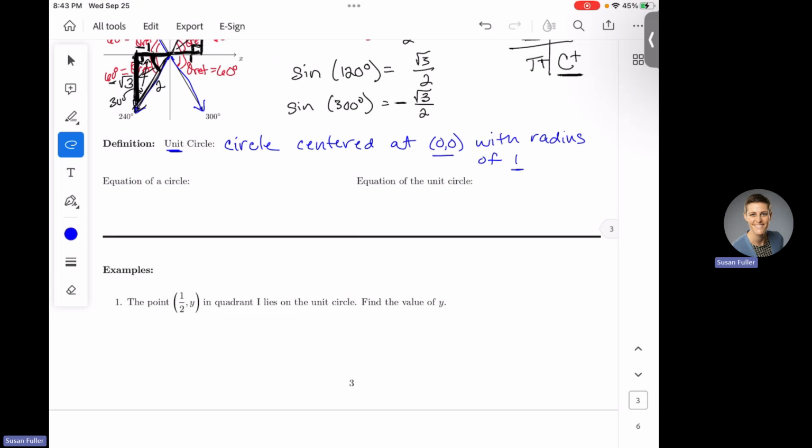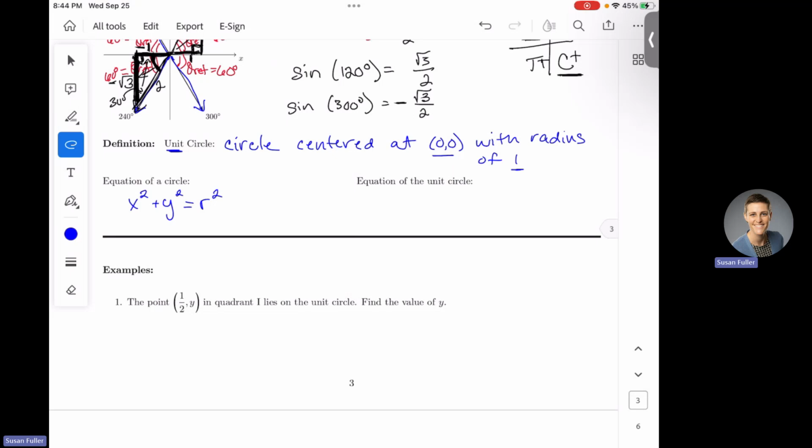So if you remember from geometry, the equation of a circle in general is going to be x squared plus y squared equals r squared, where r is the radius of the circle.